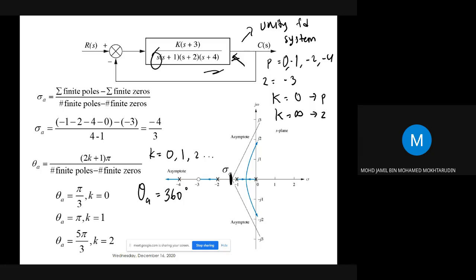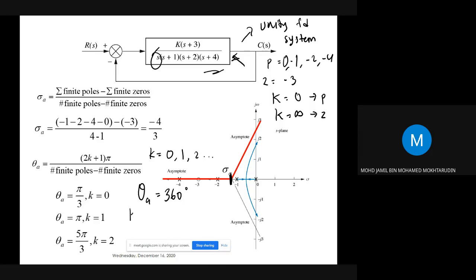For example here, the first angle at k equals 0 is pi/3. At k equals 1, you get pi. At k equals 2, you get 5 pi/3. All of these are still less than 360.